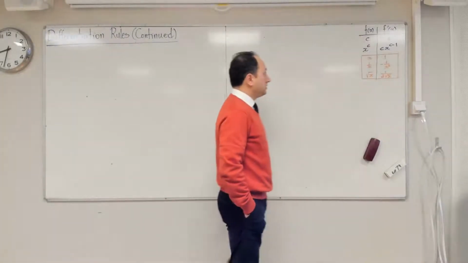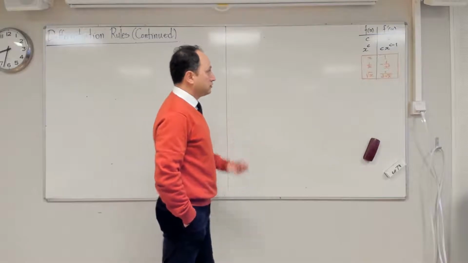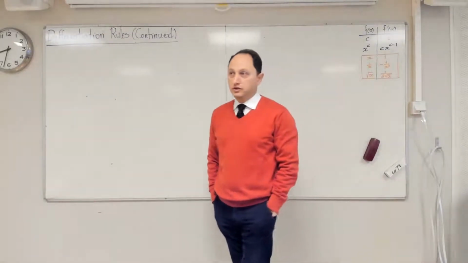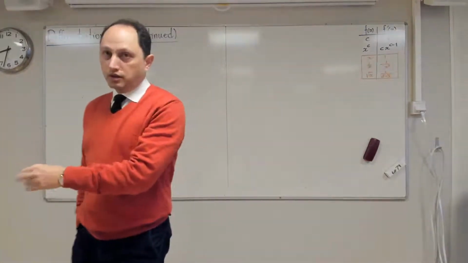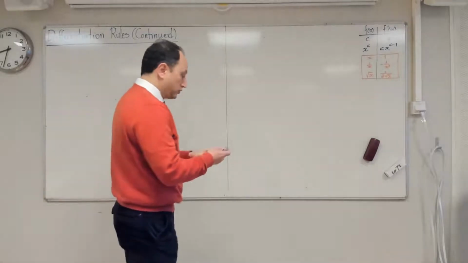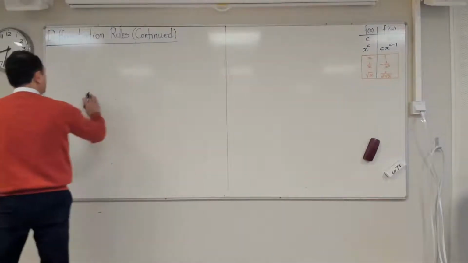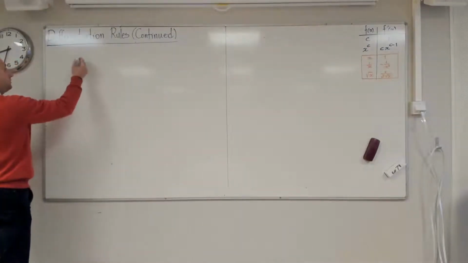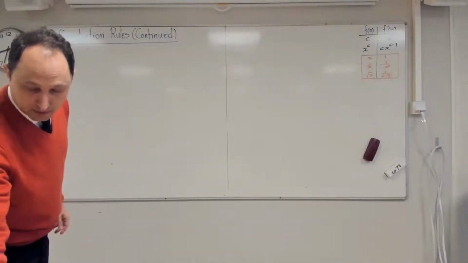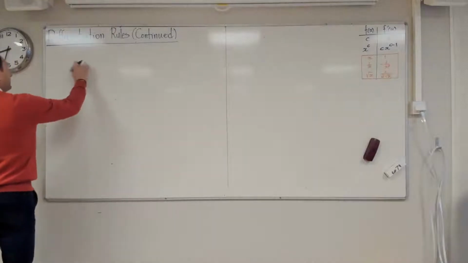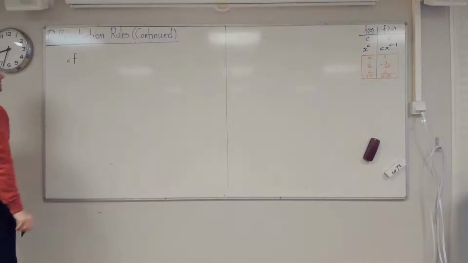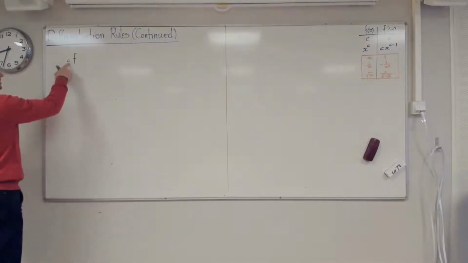Okay? Today I want to talk about 3 rules, which, for some reason, haven't been discussed in the book at all, but they are using it. So let me just mention that. And what are those rules? If I have a function f, which is multiplied by a constant, this c is a constant.